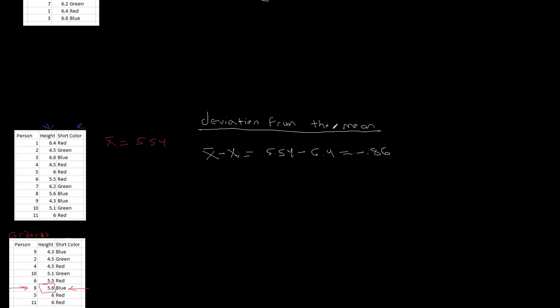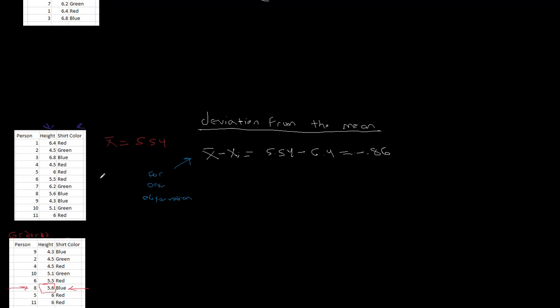Okay? And so what we could do is we could do this for all of the observations, and we could take the average. So let me make a note here. That's for one observation.